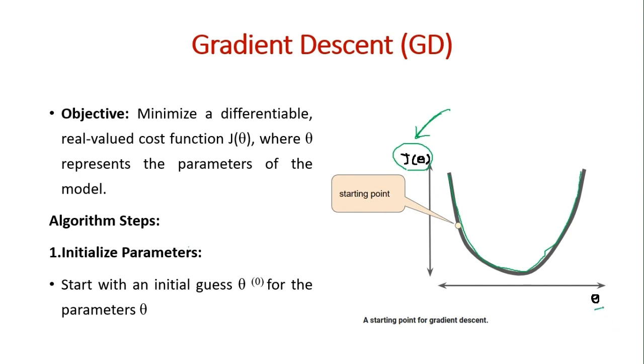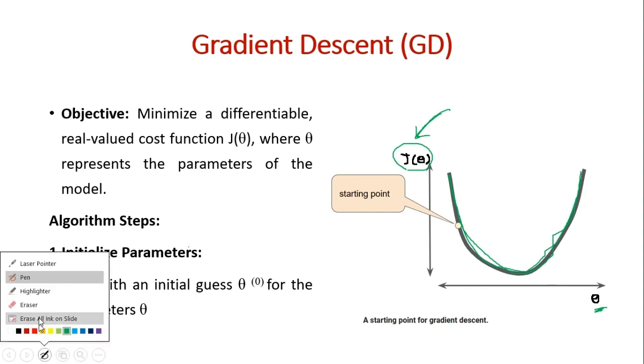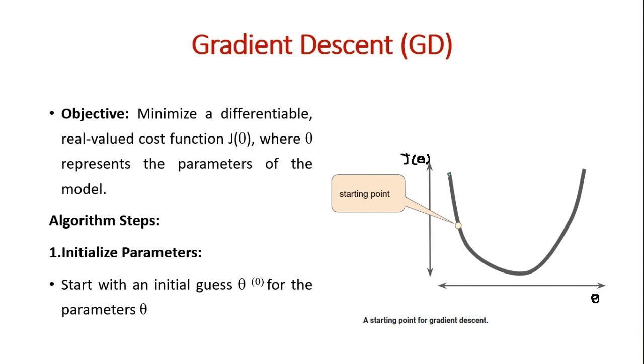What is theta? Theta is the parameter to be updated. For different values of theta, we will get different loss functions, and assume that when you connect all those loss functions, we will get a curve like this. So the function to be optimized is j of theta, and for different values of theta, assume that you are getting a curve like this.